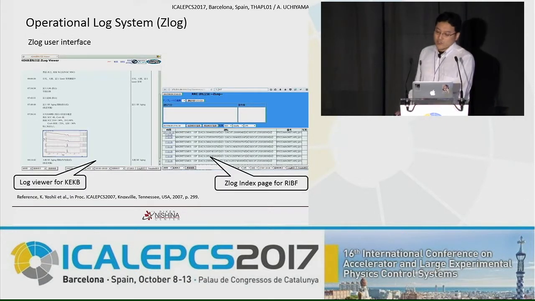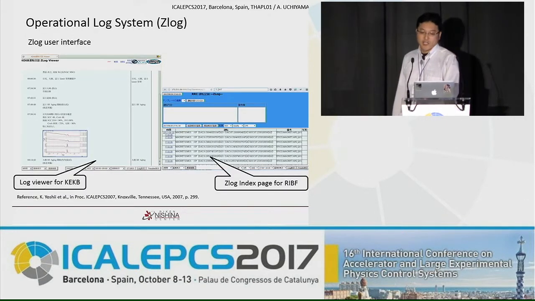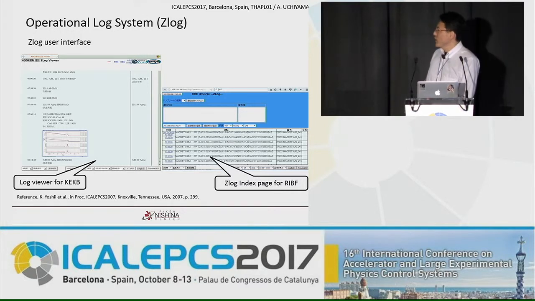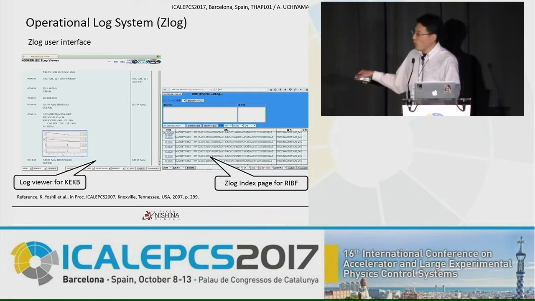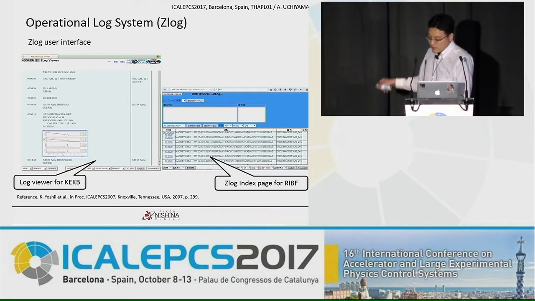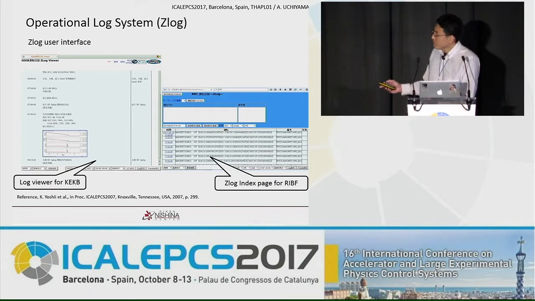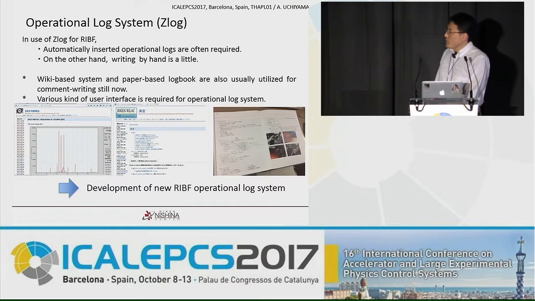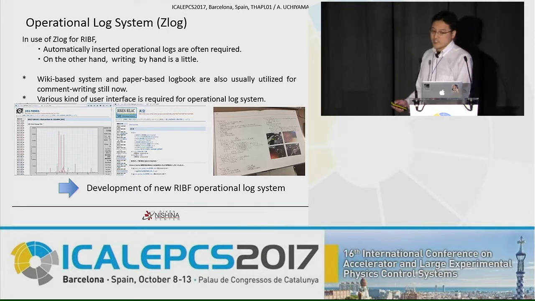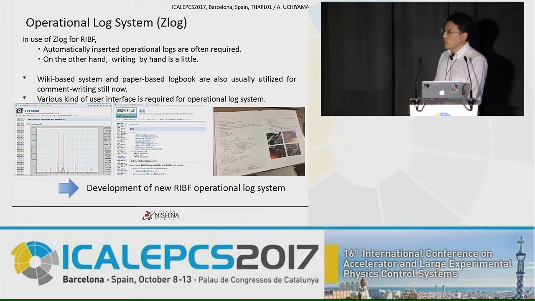This slide shows the user interface for Zlog. This is log viewer for KEKB, like this. And this is the main web application for RIBF operational log, like this. In use of Zlog for RIBF, automatically inserted operational logs are often required.